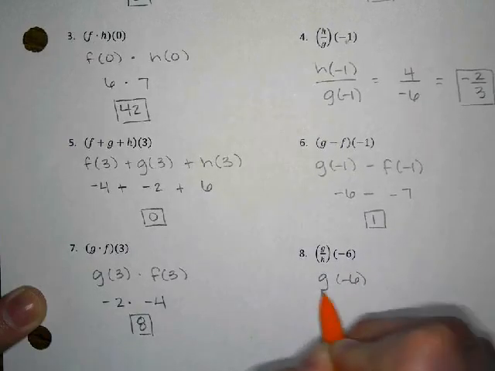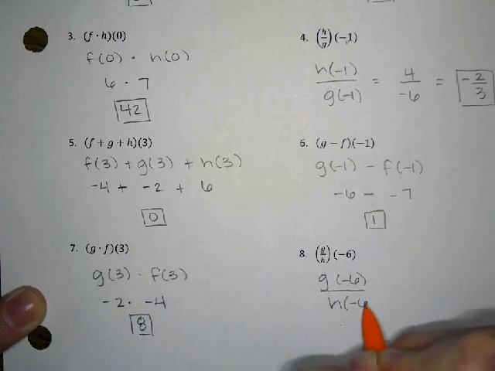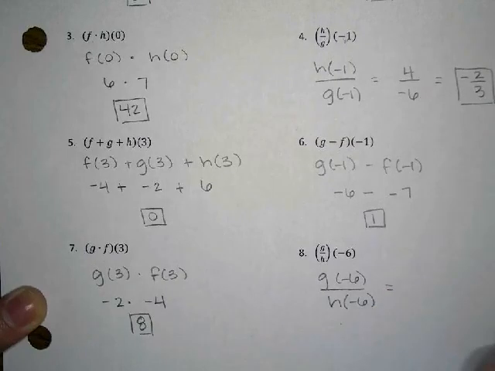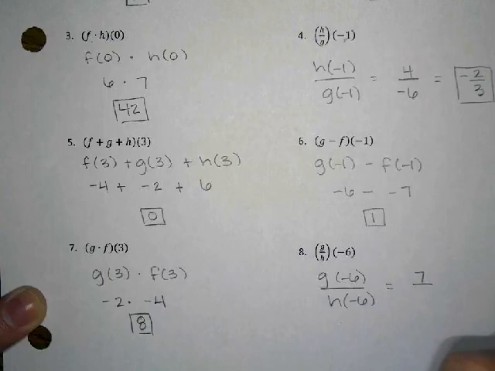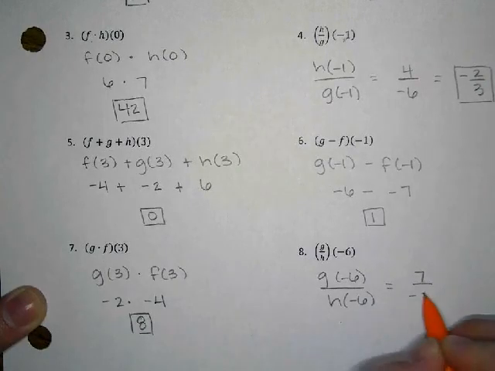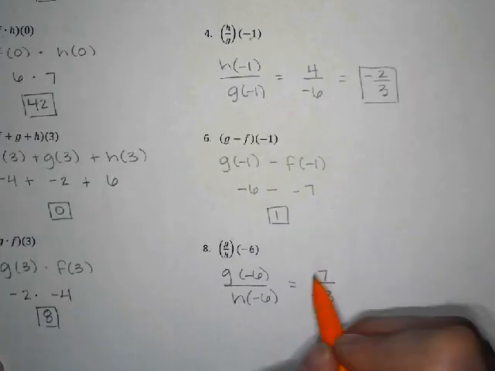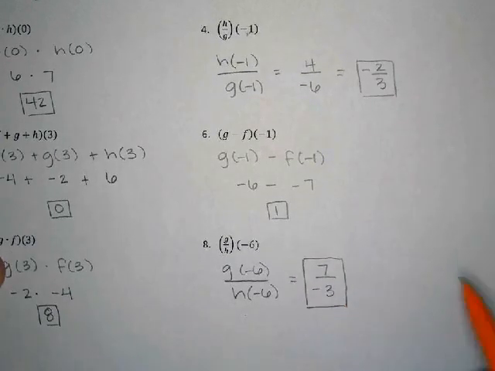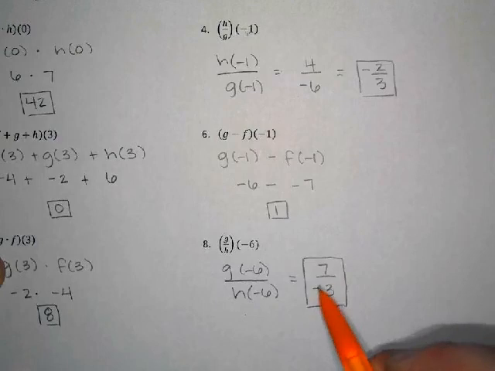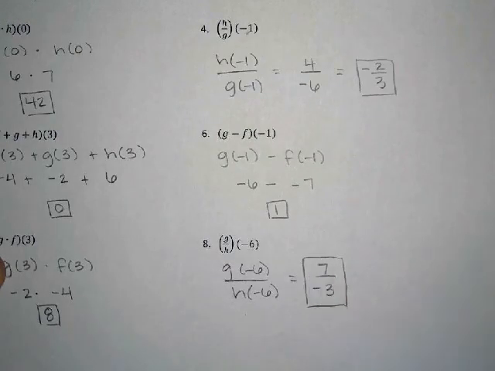So g of negative 6 divided by h of negative 6. So g of negative 6 is 7. H of negative 6, negative 3. And there's no way to simplify that. So we just have 7 over negative 3. Most mathematicians would take the negative and move it to the middle, or they would move it to the top. But it's not wrong to have it on the bottom. On the bottom is totally fine.